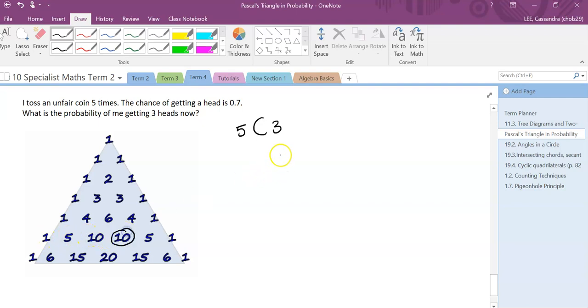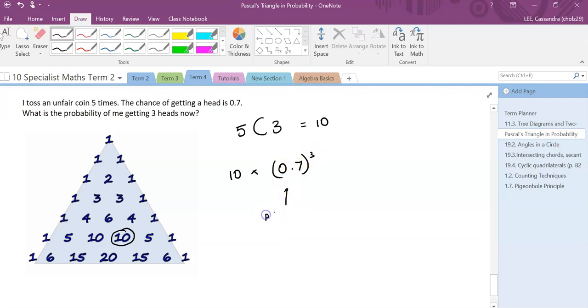So again, this is going to be equal to 10 different pathways if we were to draw a tree diagram. So there's 10 different ways of getting 3 heads, multiplied by my probability of success. So that's going to be 0.7 to the power of 3.